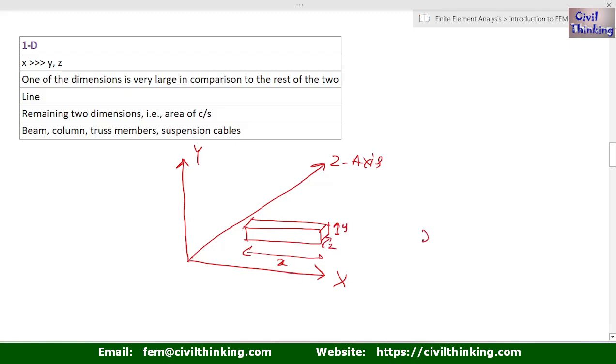Now you can see the x length is much more than the y and z components, right. So when such a thing happens, we use a 1D element, okay.